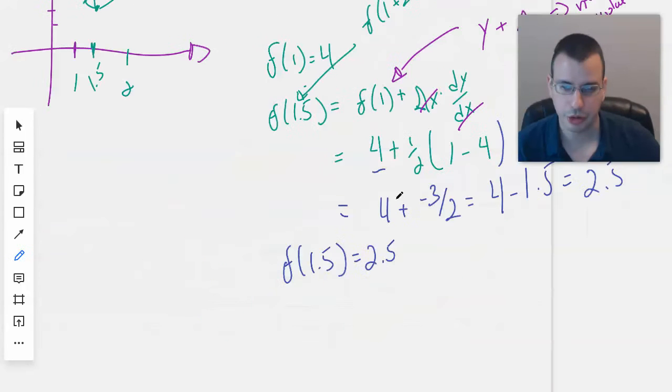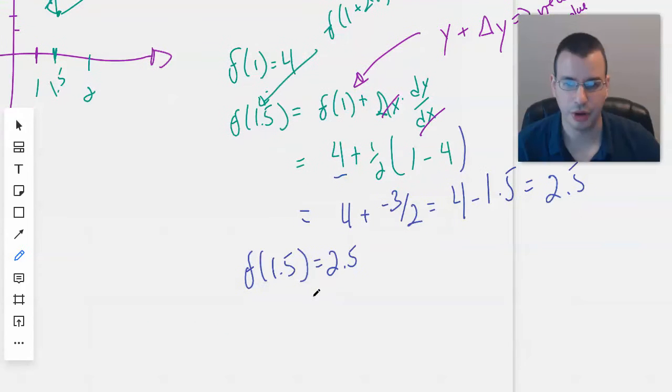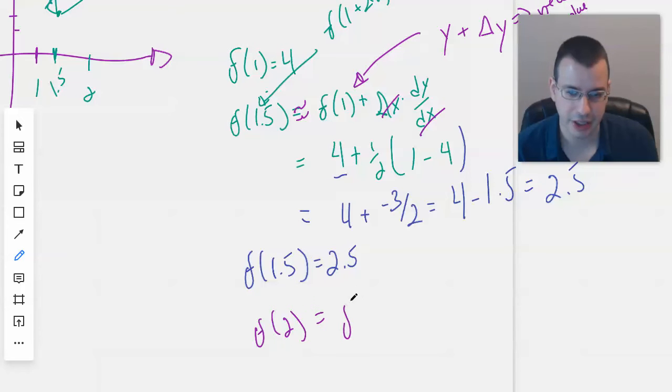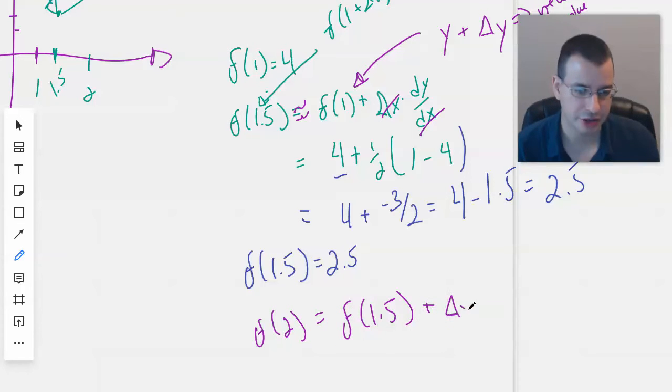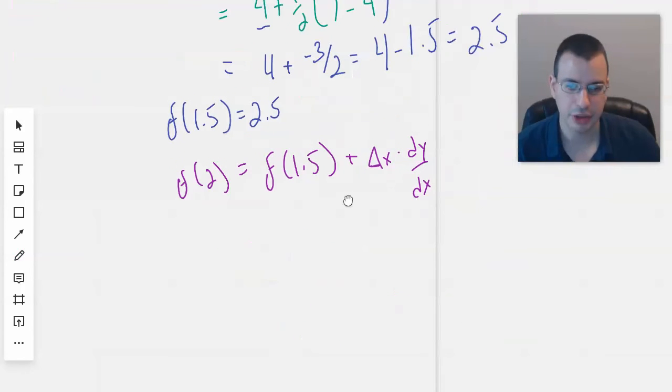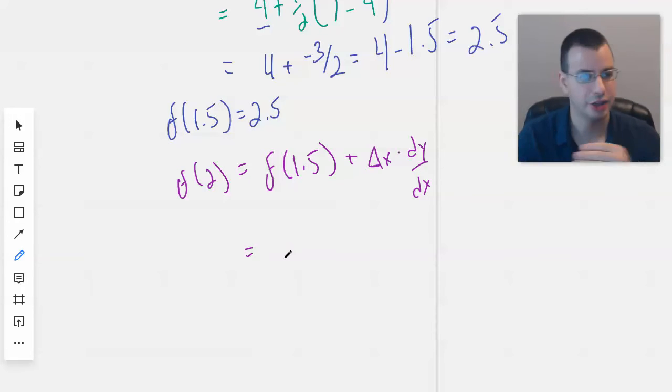Okay, we'll keep working through this. So now we know f(1.5). Now f(2) will be f(1.5), the previous iteration, plus delta x times dy/dx. And dy/dx will change a little based on the derivative we were given.